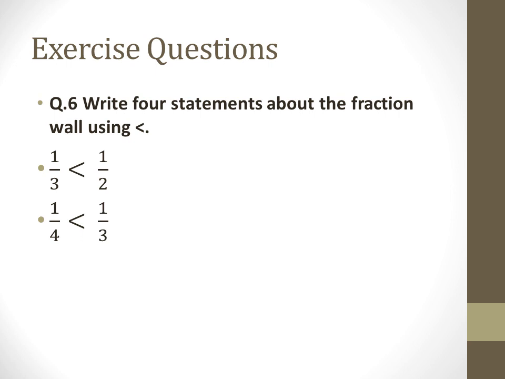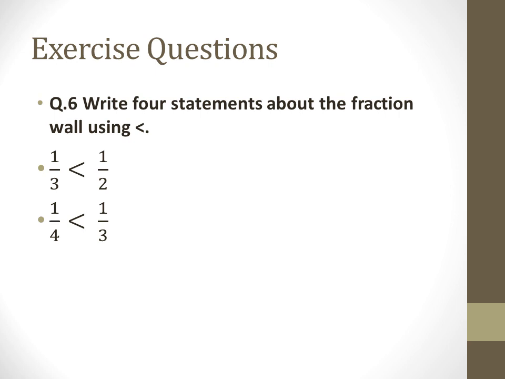Next we have 1/4 is less than 1/3, and 1/3 is greater than 1/4. We can say it in both ways. 1/3 means you have divided one thing into 3 equal pieces, and 1/4 means you have divided one thing into 4 equal pieces.